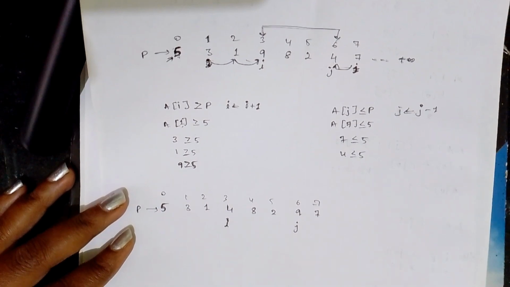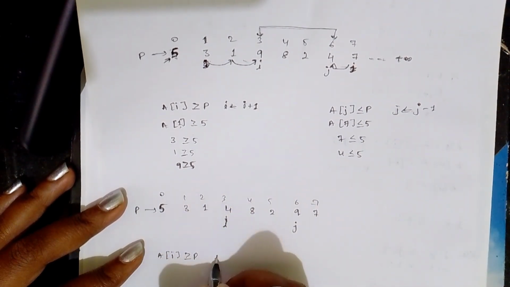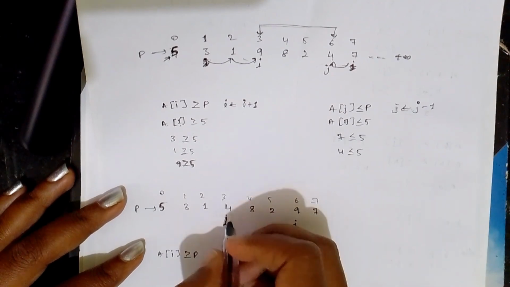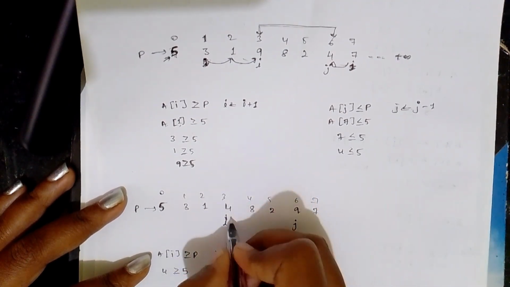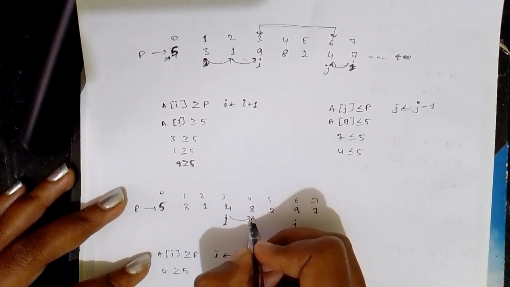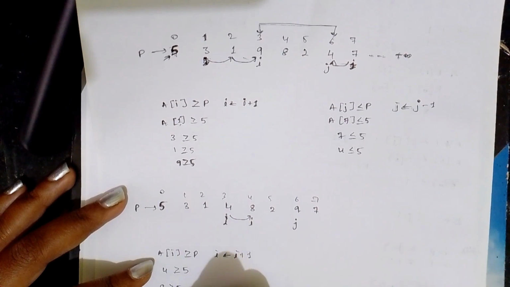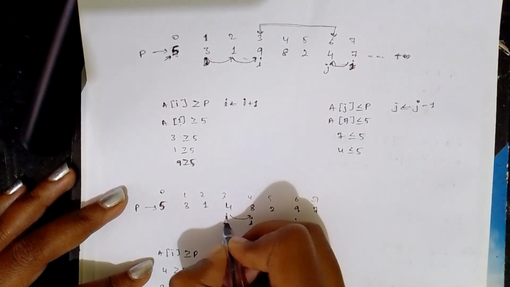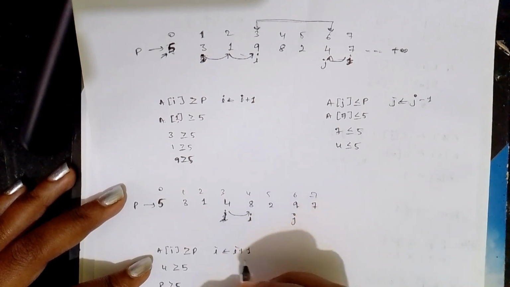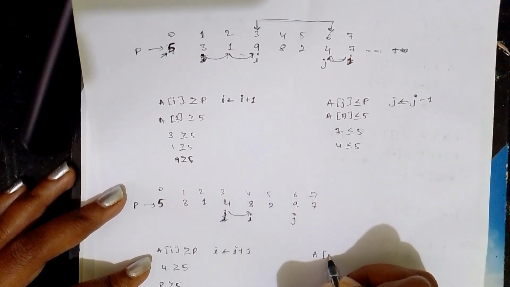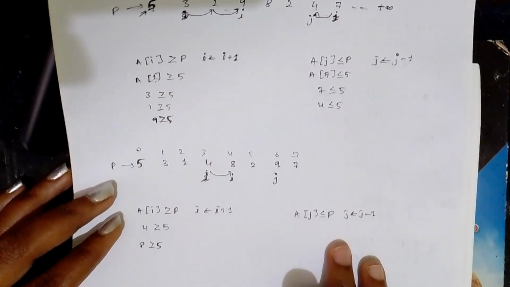Now i is here. a of i greater than p, then i plus 1. Here 4 is not greater than 5, so we move further. Here comes 8, which is greater than 5, so i will stop here. Now we do iteration along the left side: a of j less than p, then j minus 1.